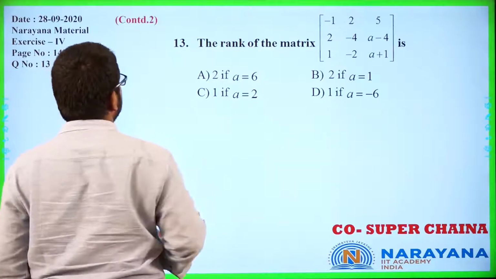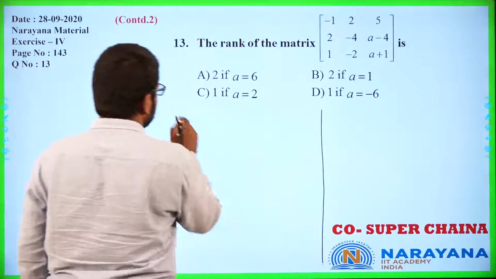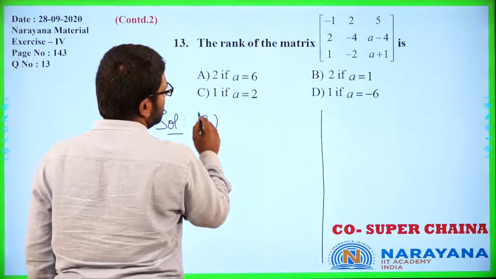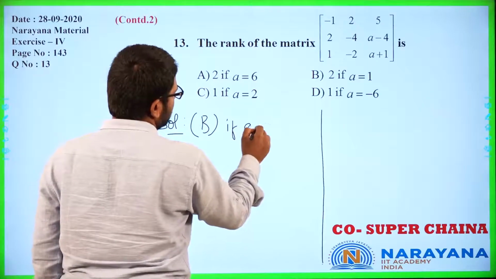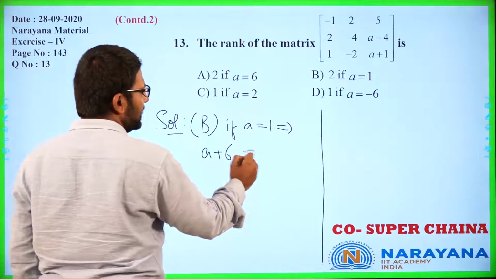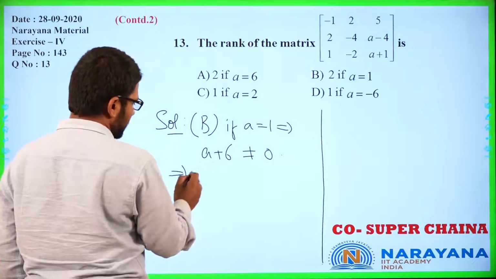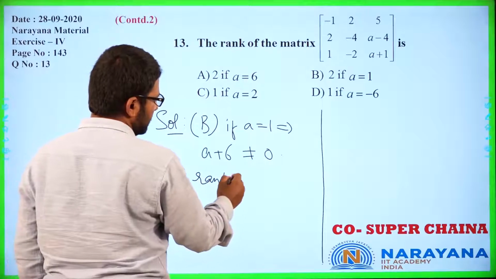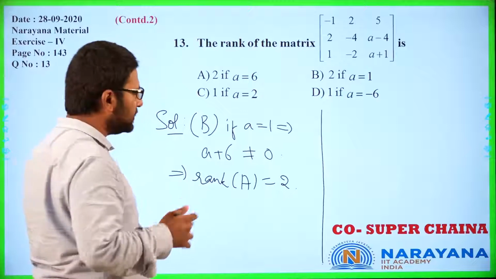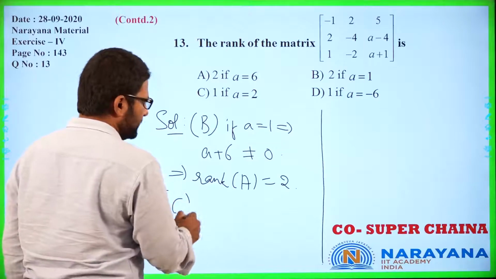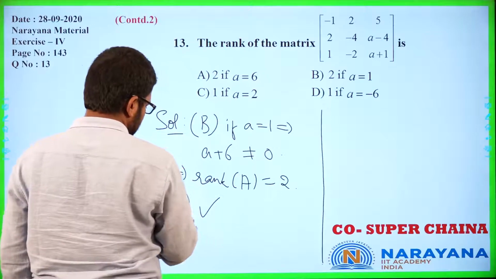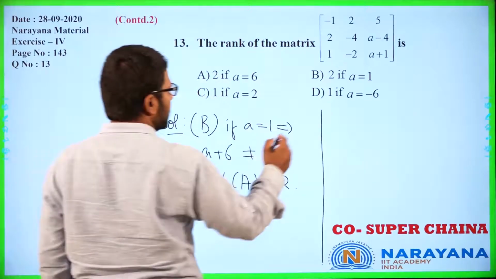Now let us look at option B. If A is equal to 1, then what happens to A plus 6? Again, not 0, which means rank of A is 2, correct? That is our conclusion, which means option B is also correct.